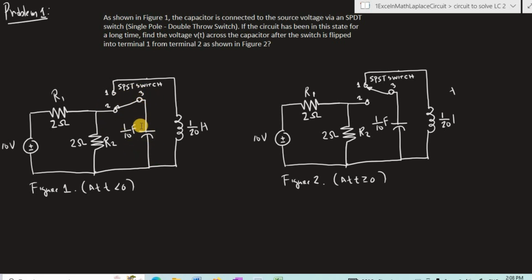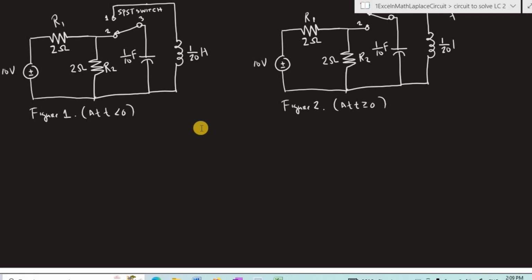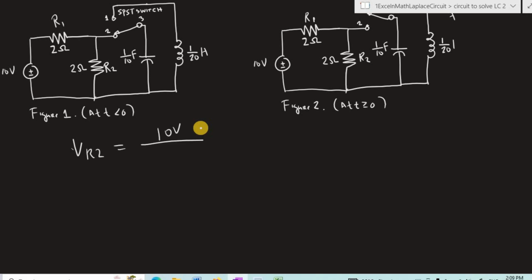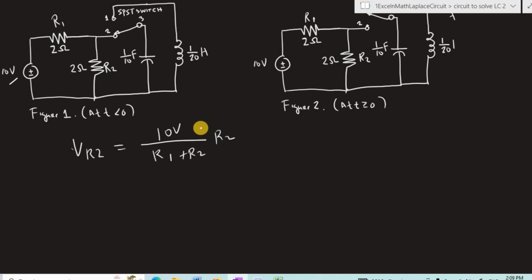So it means that the capacitor has been fully charged, and if the capacitor is fully charged, then there is no more current flowing through the capacitor, and in that condition the voltage across R2 will be equal to 10 volts, which is the source voltage here, divided by R1 plus R2 times R2.